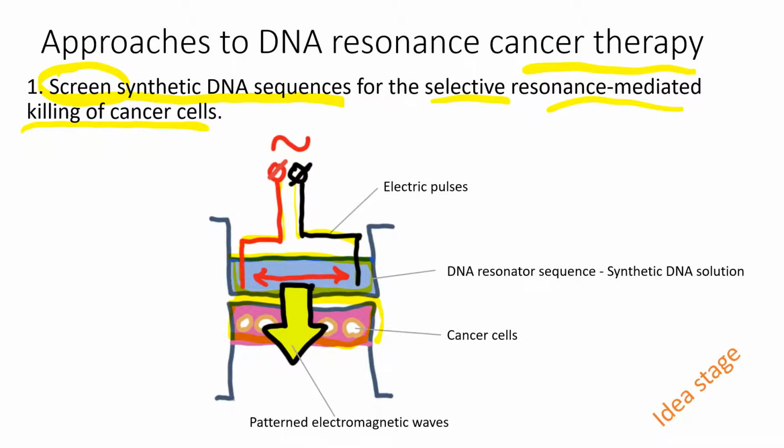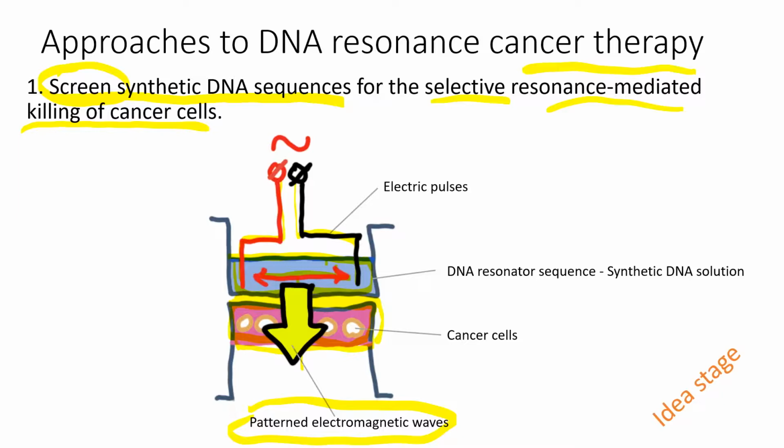The DNA solution produces secondary induced pattern electromagnetic waves, which are sequence dependent, and different sequences are tested against the ability to kill cancer cells using the secondary waves. So these are pattern electromagnetic waves produced by DNA when it is excited by electric pulses.